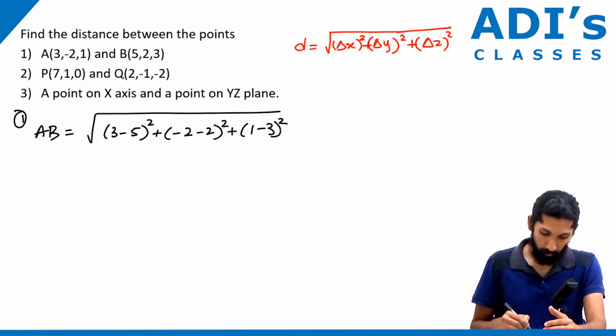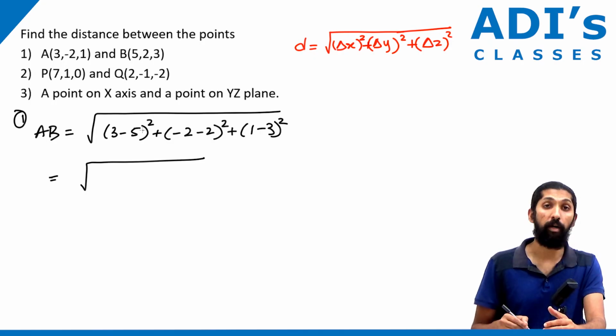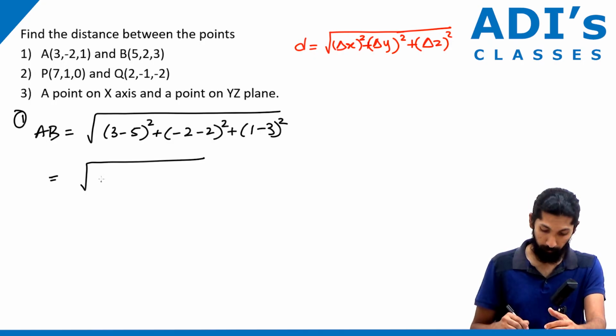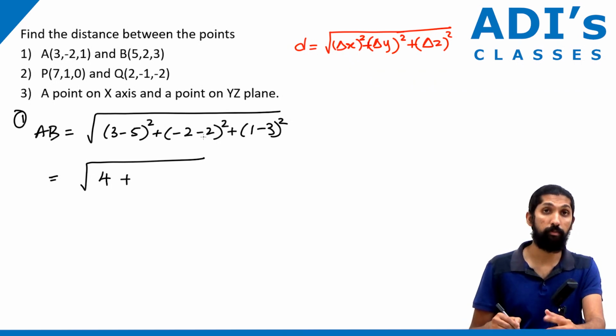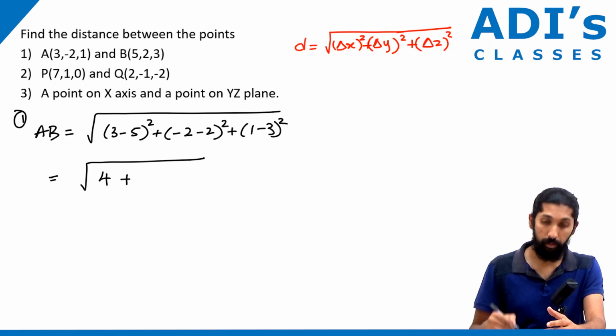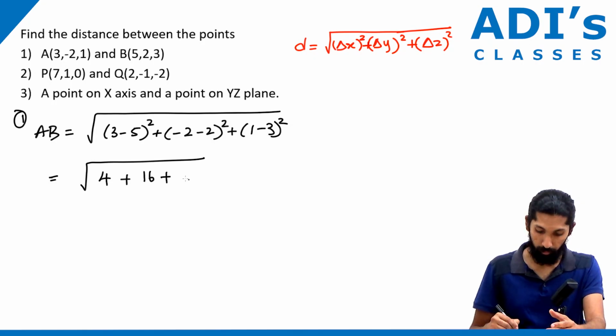Correct? This is going to become root of minus 2 whole square, which is nothing but 4, plus minus 2 is minus 4, square of that is going to become 16, again minus 2 whole square, which is 4.